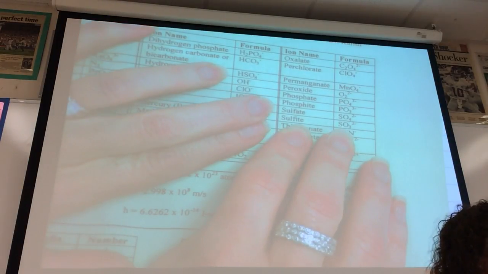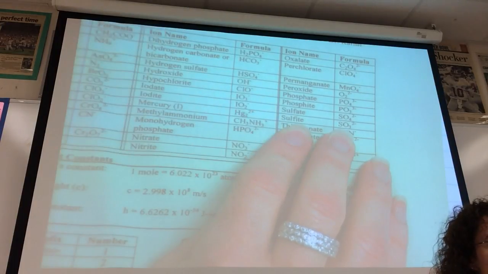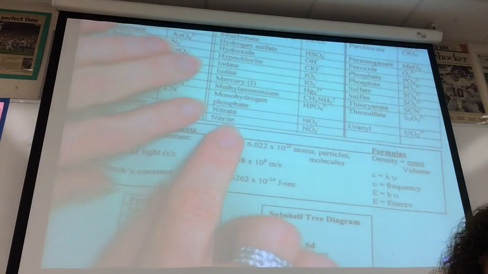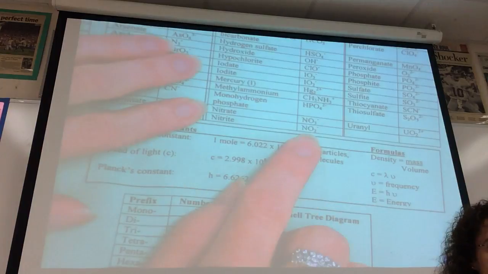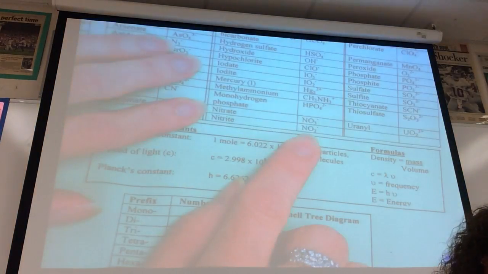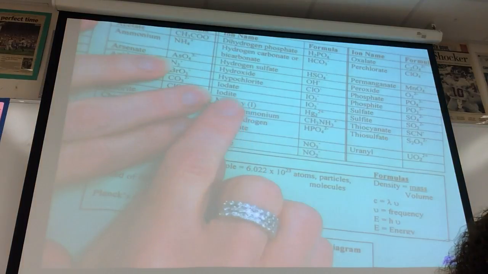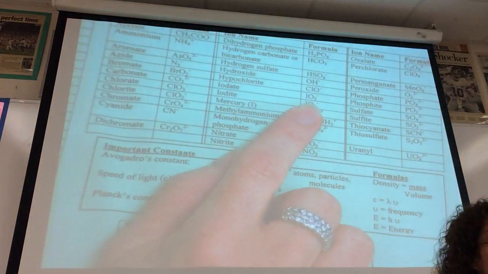Sulfite has one less O than sulfate. Look at nitrite and nitrate. Nitrite has one less O than nitrate. Look at iodite and iodate. Iodite has one less O than iodate. So there are tricks in learning it.